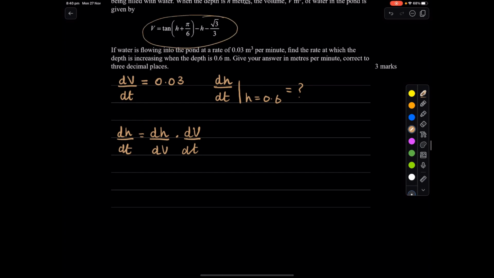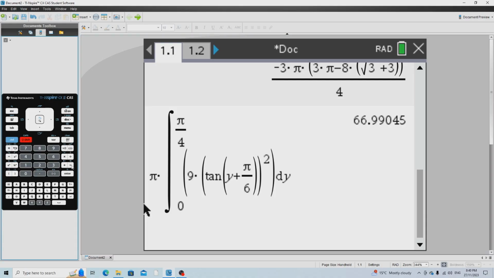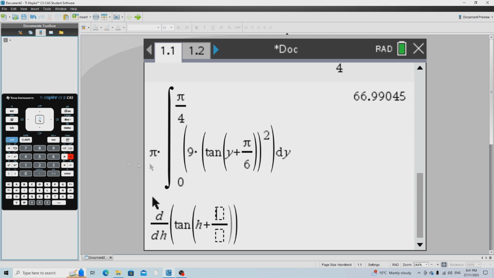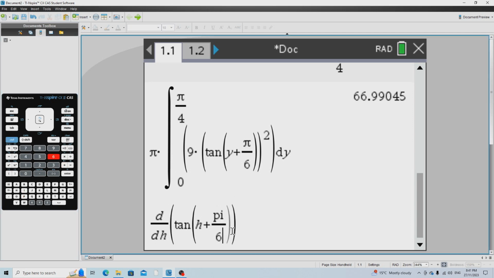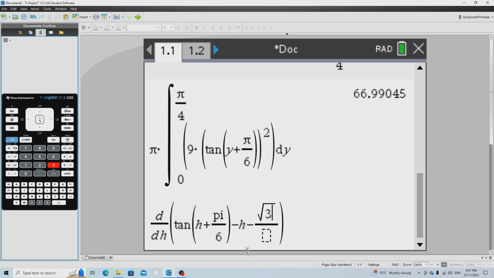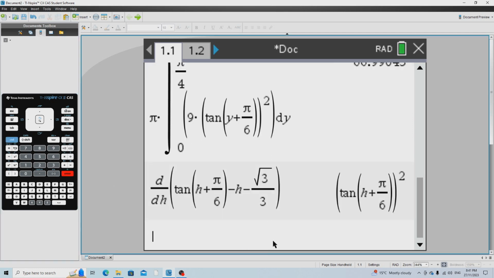So imagine deriving this. We get dV/dh. If we derive that using our calculator, with respect to h of tan(h plus pi over 6) minus h minus root 3 over 3, we get this.